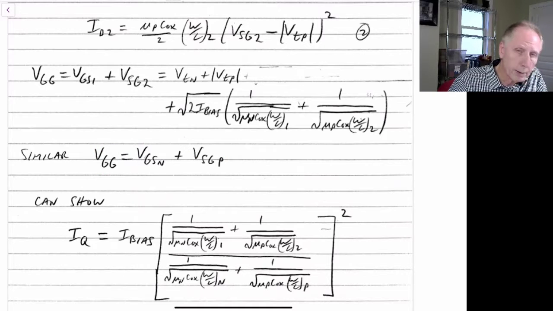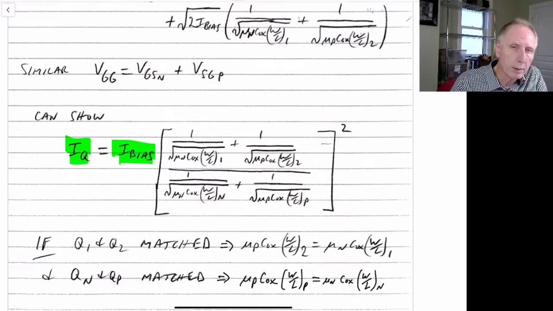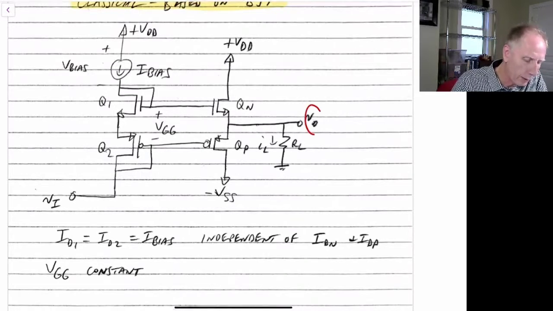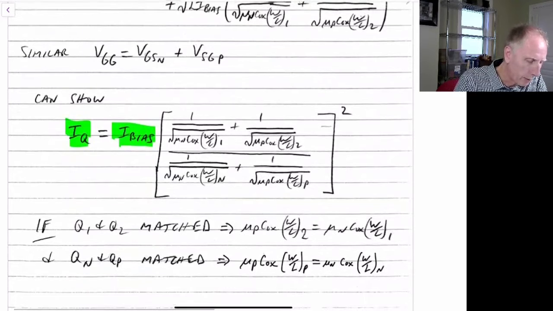If we combine these two, and we're not going to do that here, we can show that the quiescent current in the power transistors, when V out equals 0, will be related to I bias, the bias current that we have at the top, and the relationship between these transistors. The relationship between those transistors is given by this here.